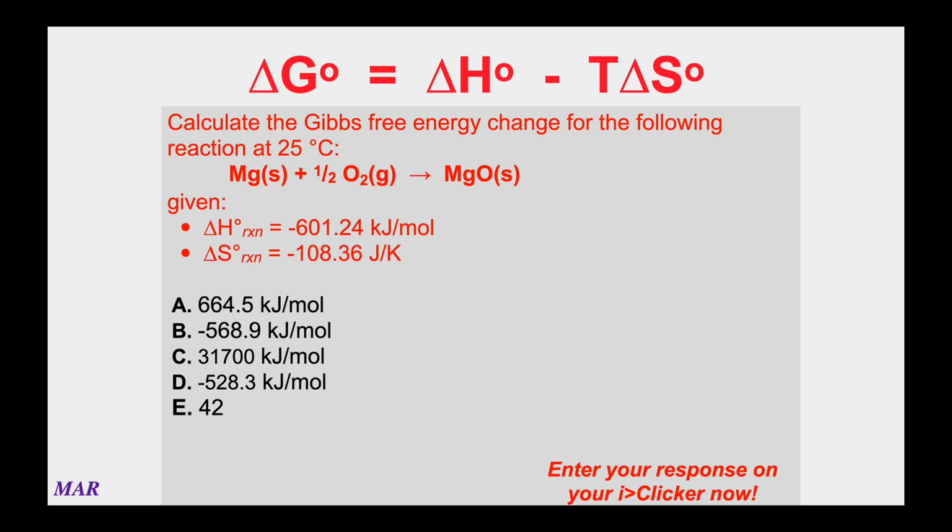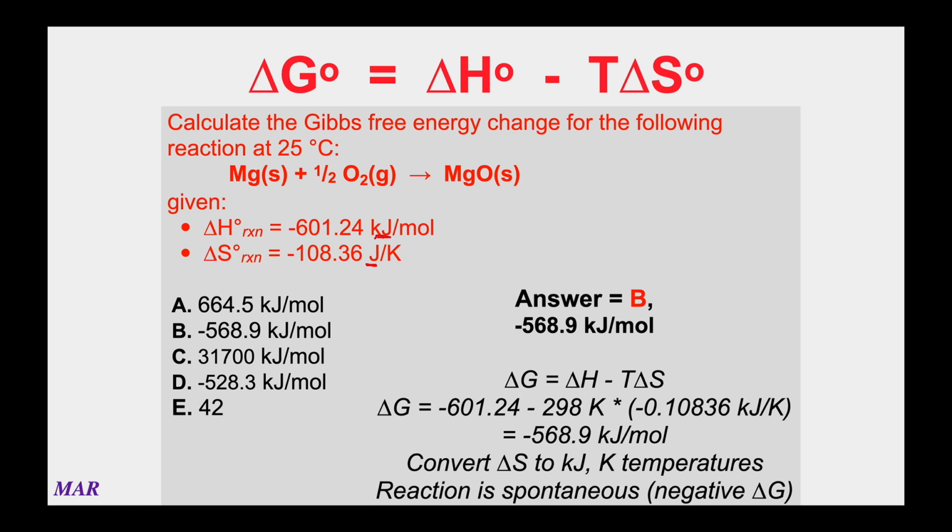And second, notice that delta H is often in kilojoules and delta S is often in joules, so make sure you convert one to the other. Because our answers here are all in kilojoules, I would recommend turning your delta S into kilojoules first before multiplying by the Kelvin temperature.